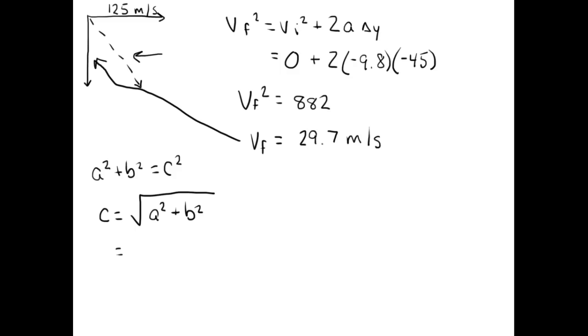I've got the square root of 125 squared plus 29.7 squared. Do your math magic on this stuff, and I get c equaling 128 meters per second. That is the velocity that that arrow comes into the ground with, or that ground target with, 128 meters per second.